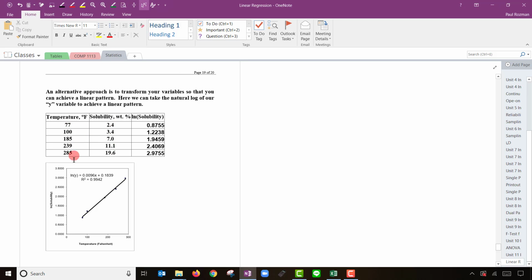So I plotted temperature versus the ln of the solubility, and wow, it straightened right out. And I ended up with a correlation coefficient that was just as good as the exponential model. You just have to remember that your y variable is the natural log of it, not just the actual value. So when you're doing predictions, you'd have to make sure you solve for y each time.